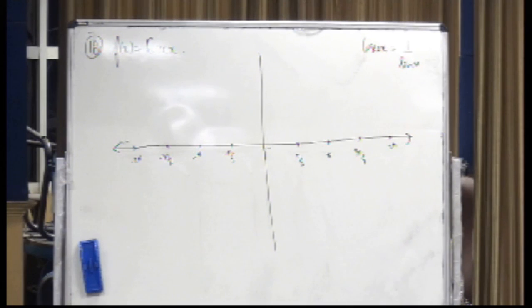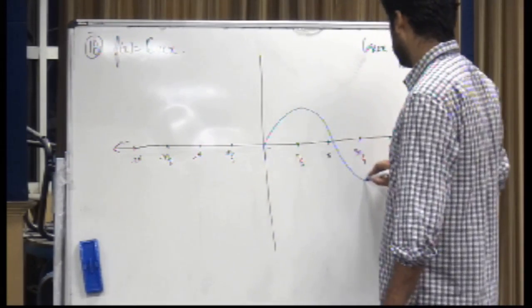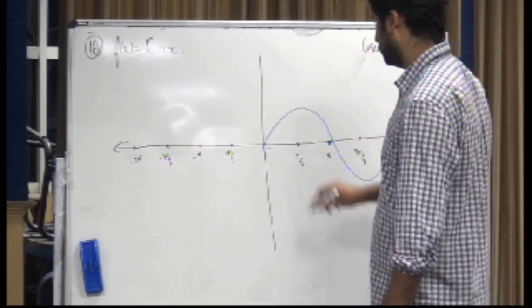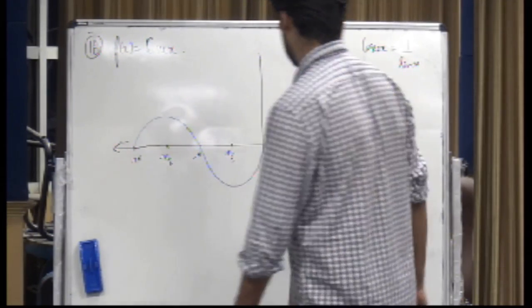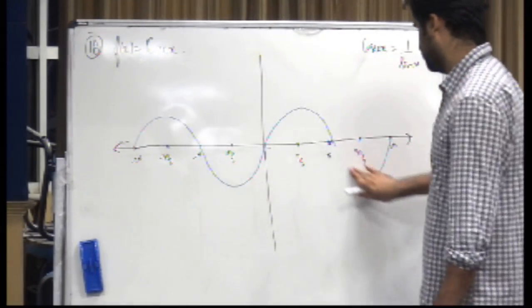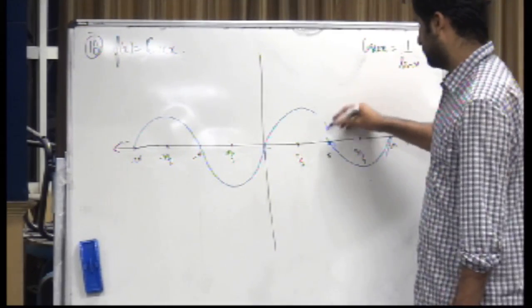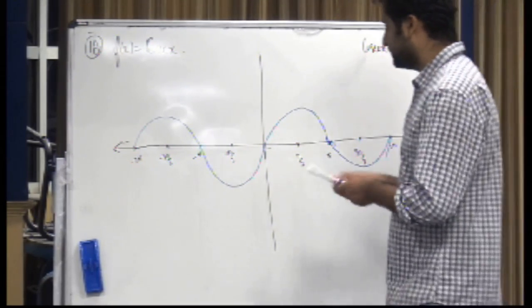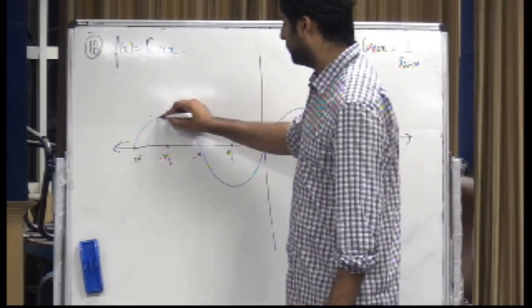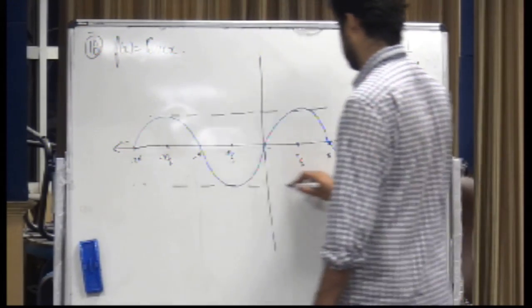The graph for sin x is a sinusoidal wave going like this. Now the maximum value reached is 1 and the minimum value reached is minus 1, right?